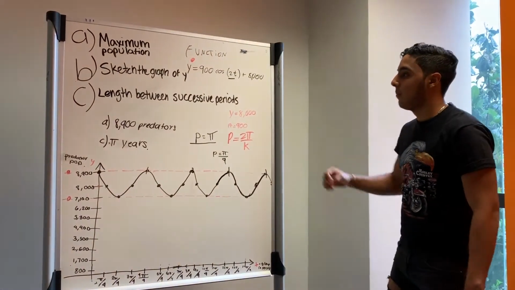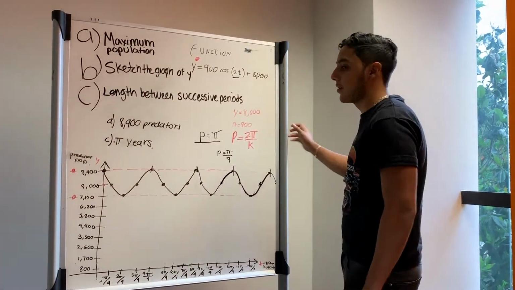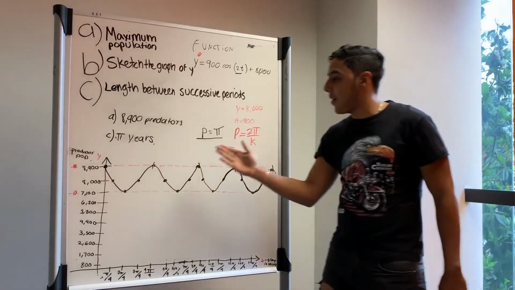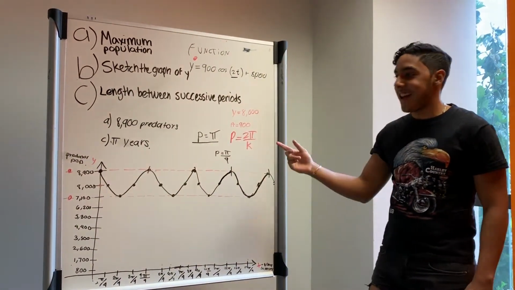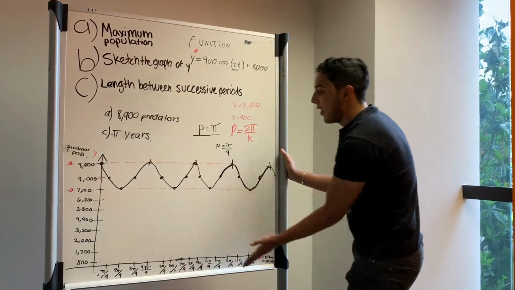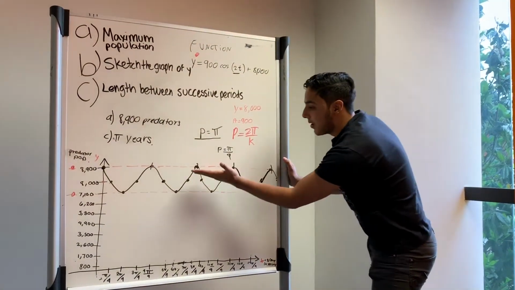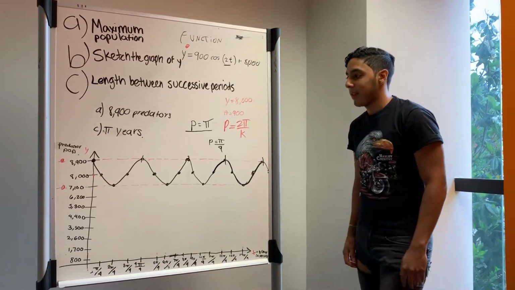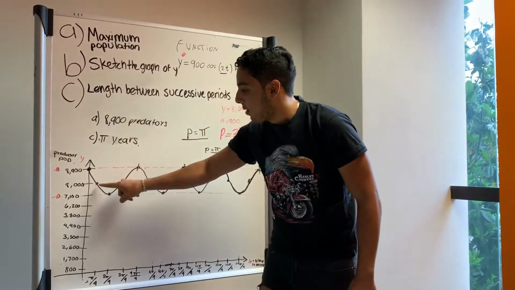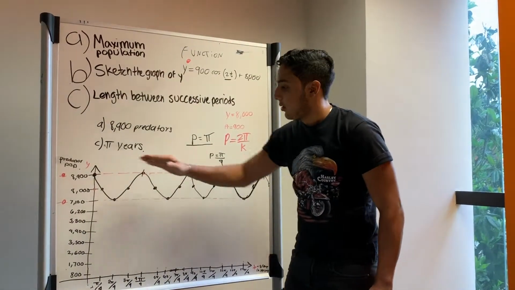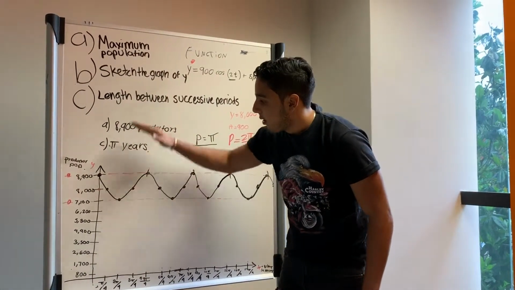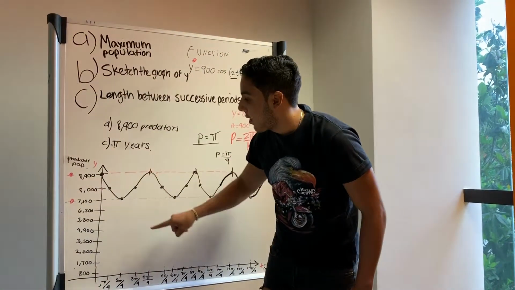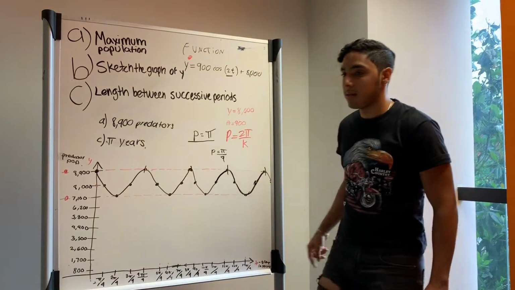I'm going to explain more profoundly the length between successive periods. In this case, this sinusoidal function is a periodic function. The period refers to how often, from its middle point, it makes a complete cycle. In this case, the median point is 8,000 and it is vibrating, so it's periodic, and its highest point is 8,900 and its lowest point is 7,100.